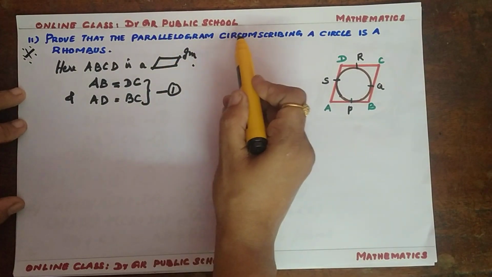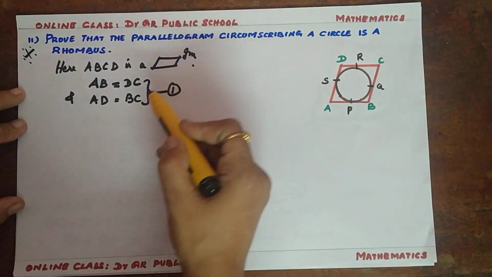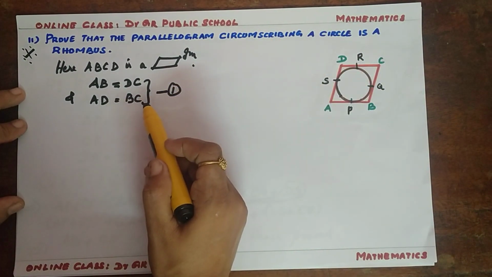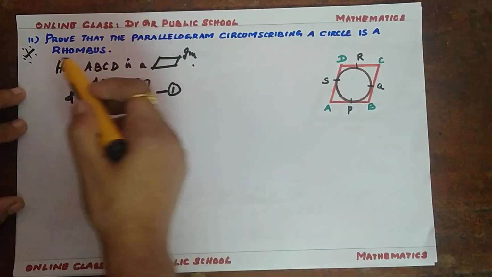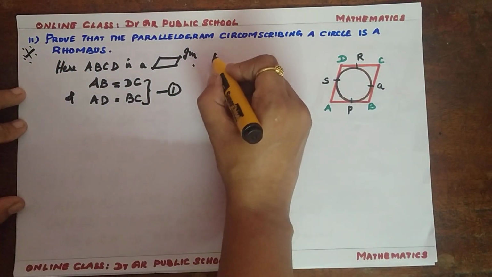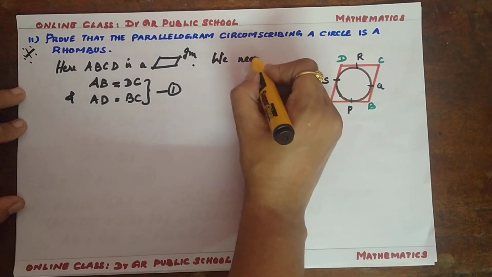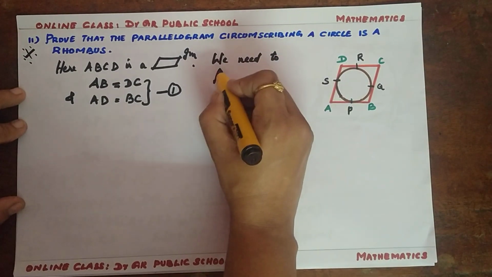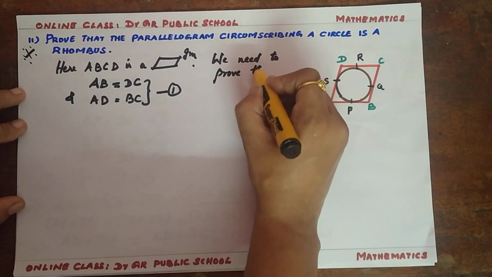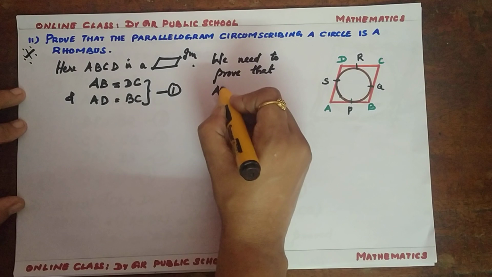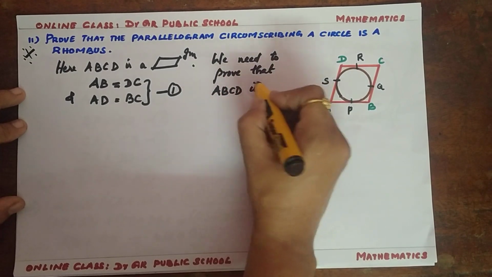Prove that the parallelogram circumscribing a circle. I applied the condition of the parallelogram alone. What do I need to prove? We need to prove that ABCD is a rhombus.